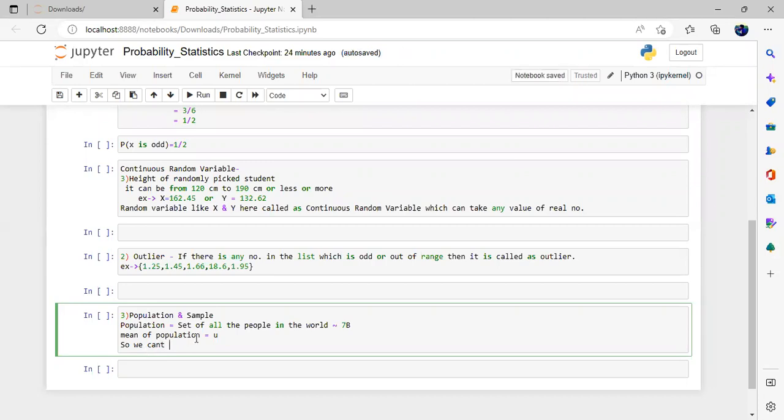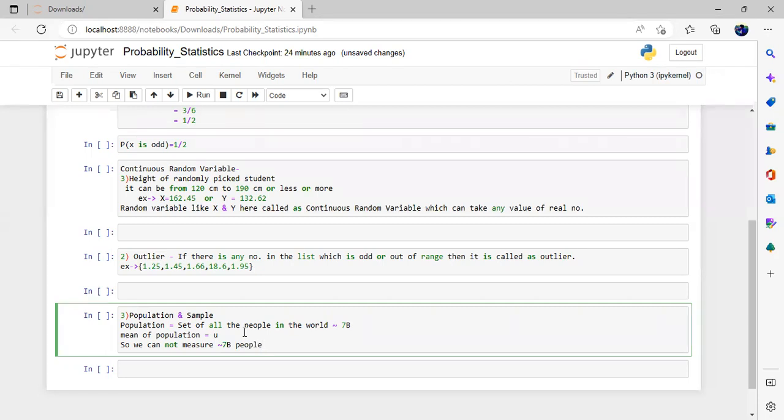So we can't find, we cannot measure approximately, actually this is not the sign of approximately, but assume this is the sign of approximation, because the tilde is not here. We cannot measure the approximate value for 7 billion people.